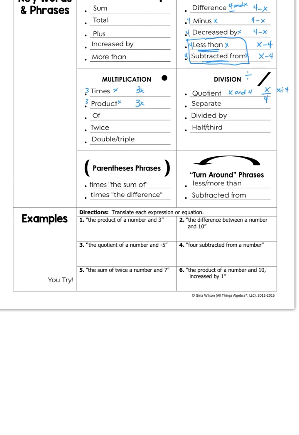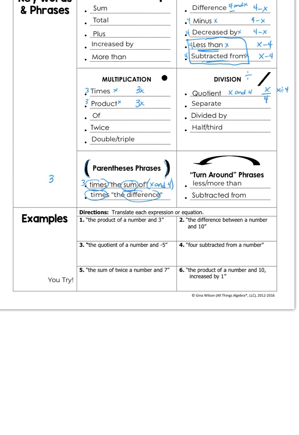All right, parentheses are phrases. If you have two different operations, okay, so here I have times and sum. When you have two different operations like that, you're going to use the parentheses. So if I said 3 times the sum of x and 4, I would have to put the x and 4 in parentheses.